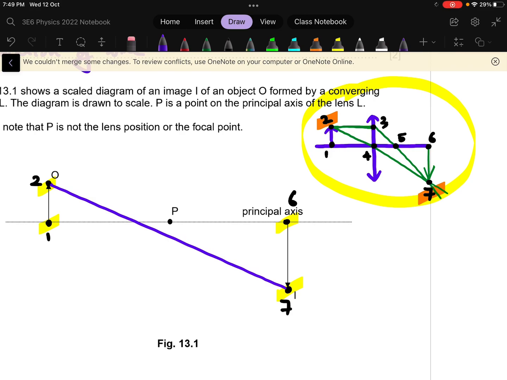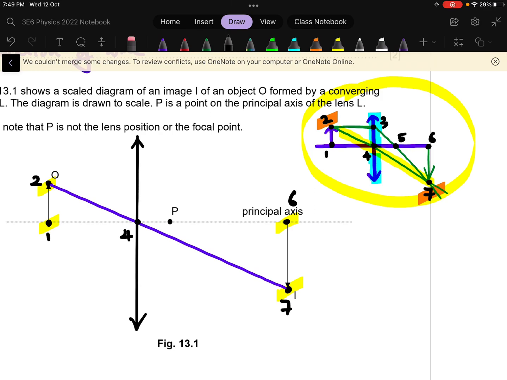By drawing this green line, I can expose point number 4. When I look at my standard model, point number 4 is actually my lens. So now I have located my lens, and I'm going to draw it right here.